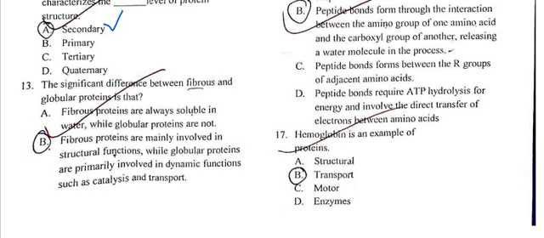Question 13, they're saying the significant difference between fibrous and globular proteins is that. The difference is that one is going to be involved in structural functions. The other one is involved in complex dynamic functions such as the actions of enzymes and also transportation.